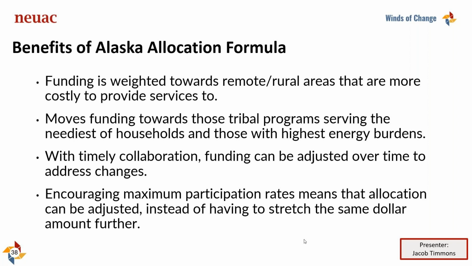For example, in my region, a number of the fish processing plants are pulling out, and our fishermen won't have a place to sell their fish when they do commercial fishing. So we're going to have a number of additional households that would usually have good income coming in and wouldn't be eligible for LIHEAP that are going to now be eligible since they don't have any income coming in from their jobs.